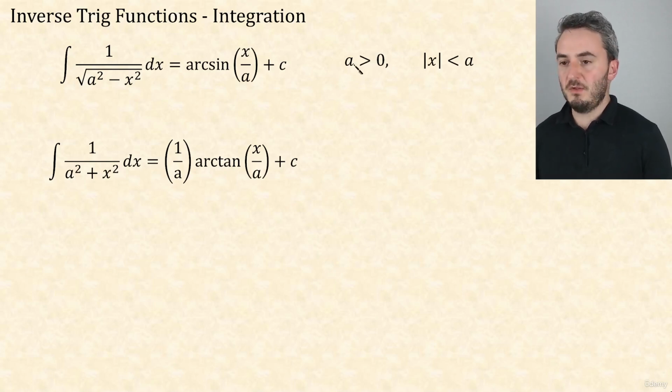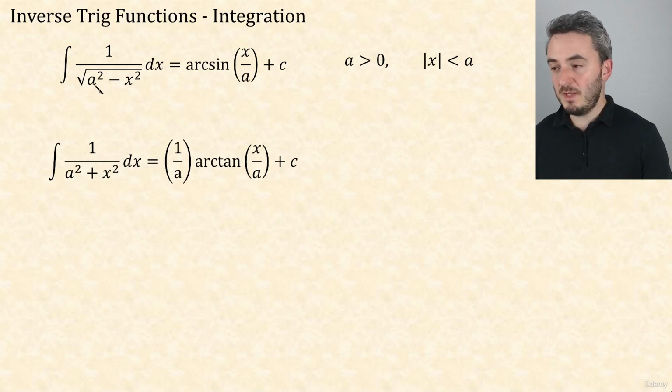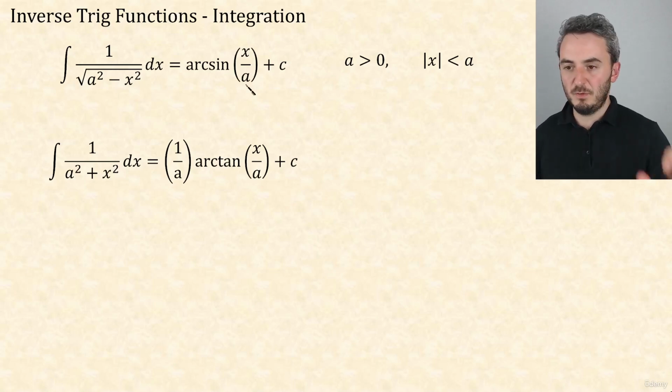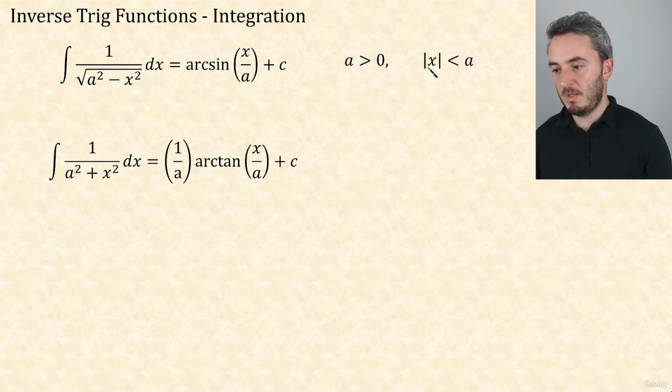I should also point out that there is a restriction on a. a does have to be positive, or rather we treat it as positive because it's a square there anyway. So if you saw the square root of 9 minus x squared, we're assuming that 9 is positive 3 and not negative 3, because that gives us the correct value inside here. Otherwise, you end up with the negative of what you should. So a is treated as positive, and x has to be between minus a and a.